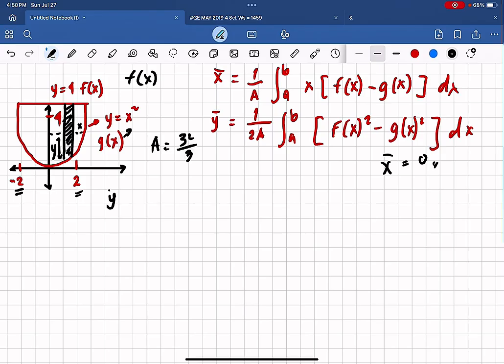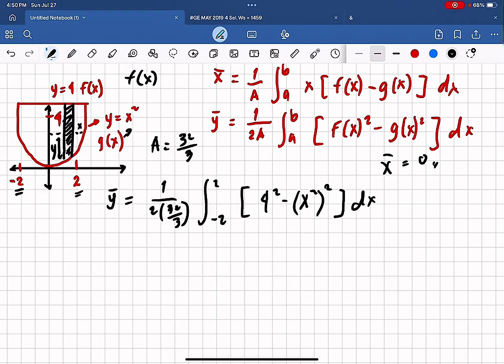So y is 1 over 2 times the value of area, which is 32 over 3, bracket our f of x, which is 4 squared, minus the g of x, which is x squared, raised to 2, close bracket dx. So let's solve this part first to avoid redundancy.